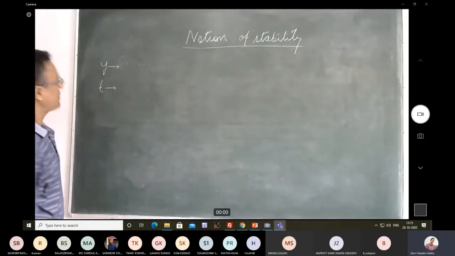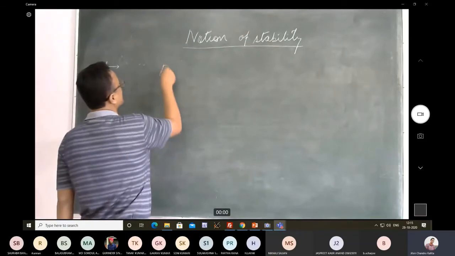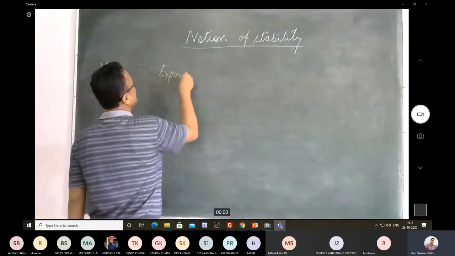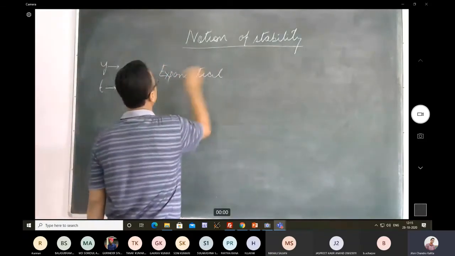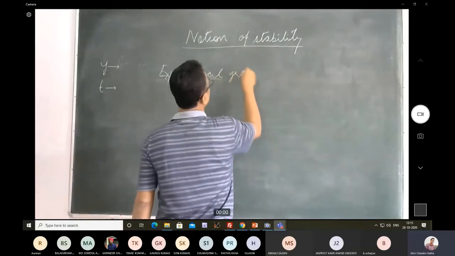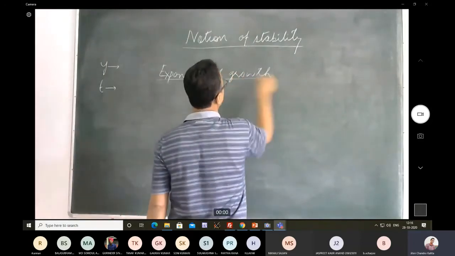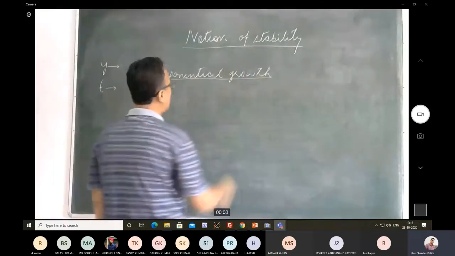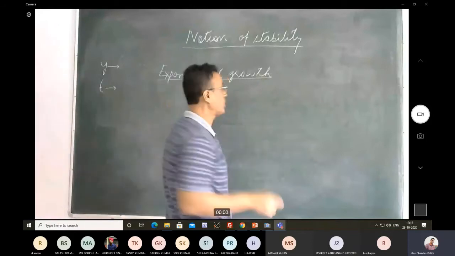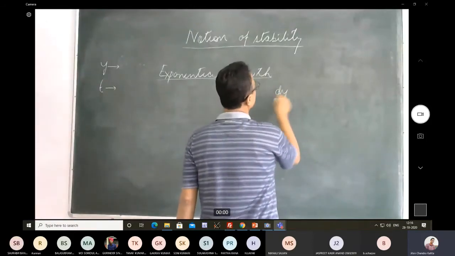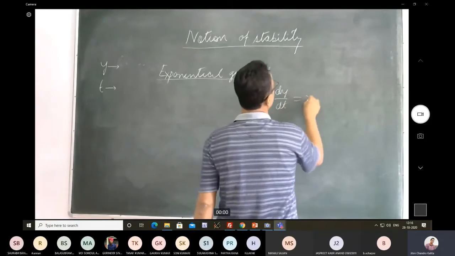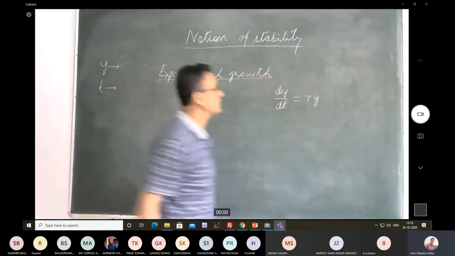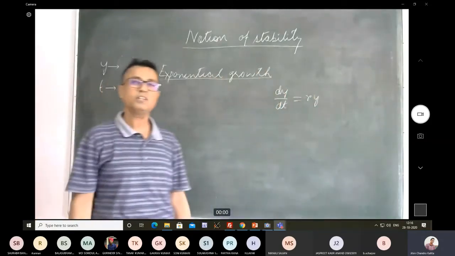Now, if I am considering exponential growth, then I can simply model the increase in population with a differential equation like this. Is it okay with everybody?